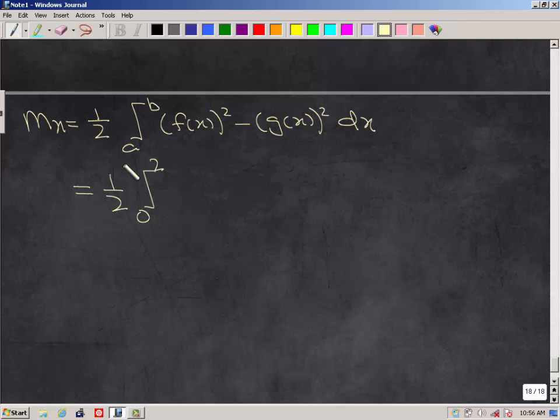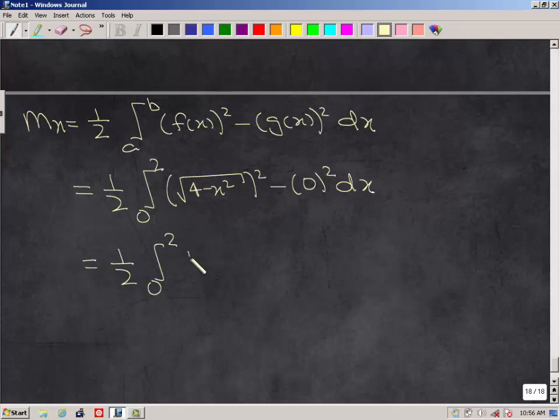The only thing is the integral formula might change a little bit. So in this case, f of x is the square root of 4 minus x squared, squared. g of x is just 0 squared dx. So you can see why I use this one. The square and the radical will vanish, so we'll just end up with the integral from 0 to 2 of 4 minus x squared dx. This is a simple term by term problem, and if you integrate this, you'll end up with 8/3.